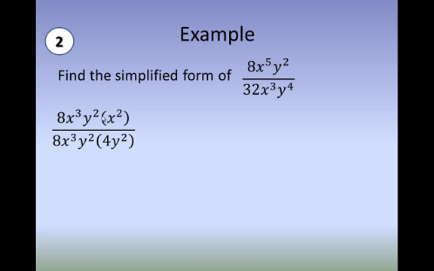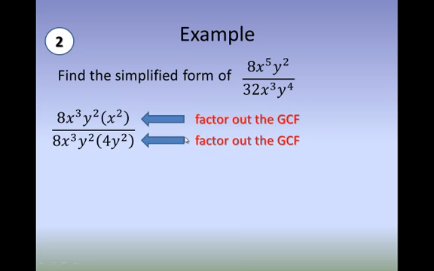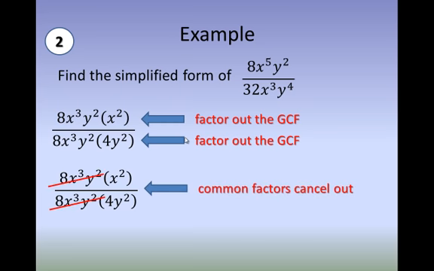So we try to factor out that GCF from the numerator and at the same time from the denominator. Thus, we have a common factor which we can cancel out. And we're left with x squared over 4y squared, which is again our lowest term.